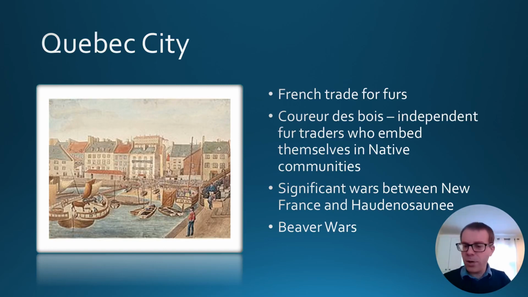And so the French presence in Quebec City is besieged by this growing threat of the Haudenosaunee, who become a very powerful entity in North America in the 1600s and 1700s.